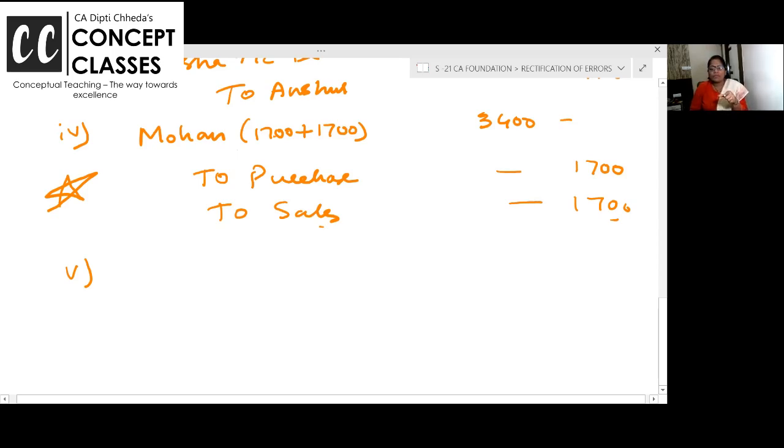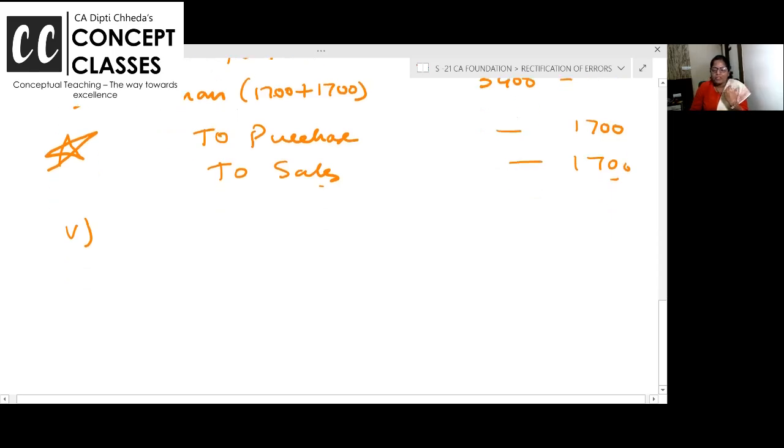If you have sold machinery, you don't have to record it in the sales book. You should have recorded it in the machinery. And what is the nature of machinery? Real account. Is machinery going out? Yes. For how much? 1700. So machinery should be credited.